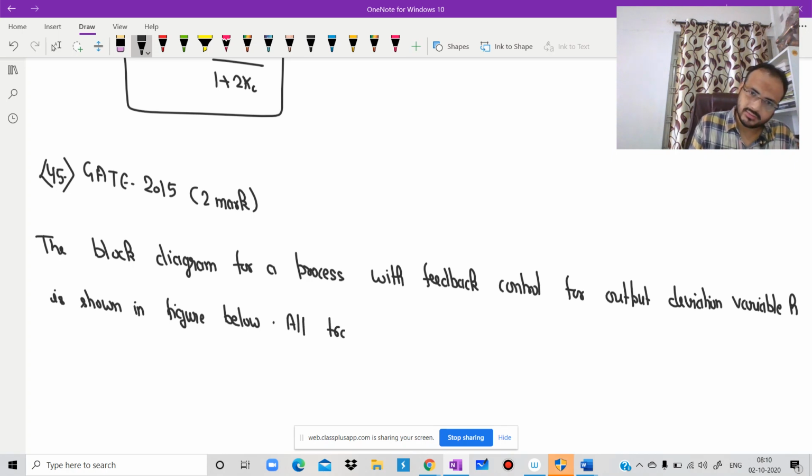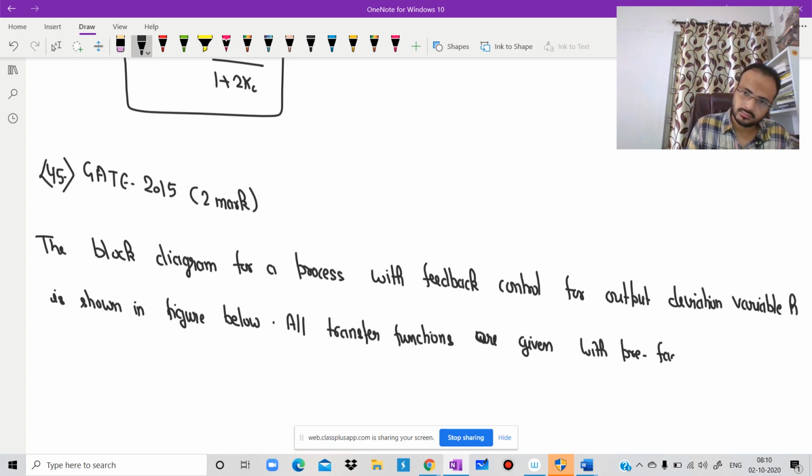All transfer functions are given with prefactor of s in minutes.